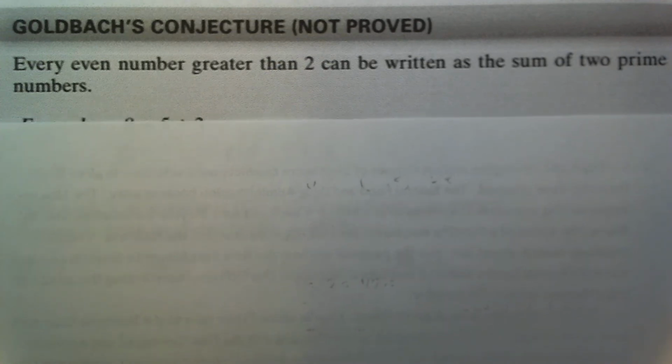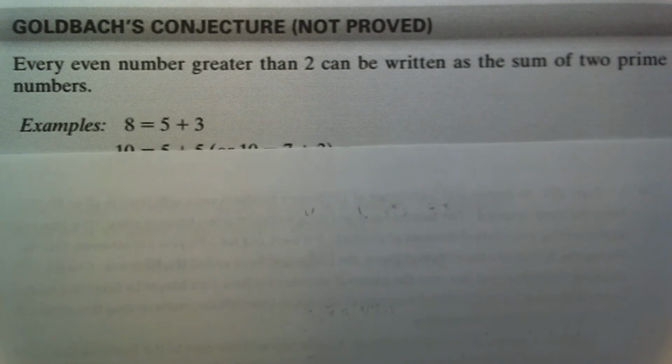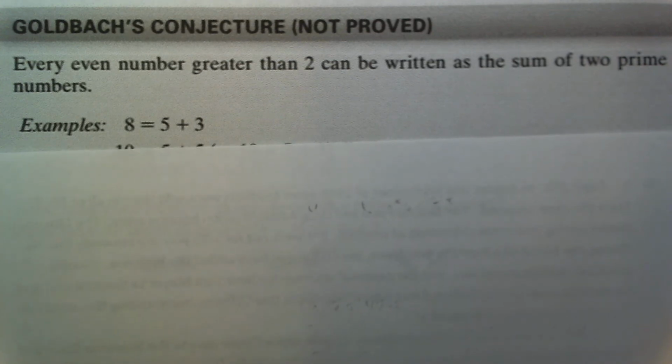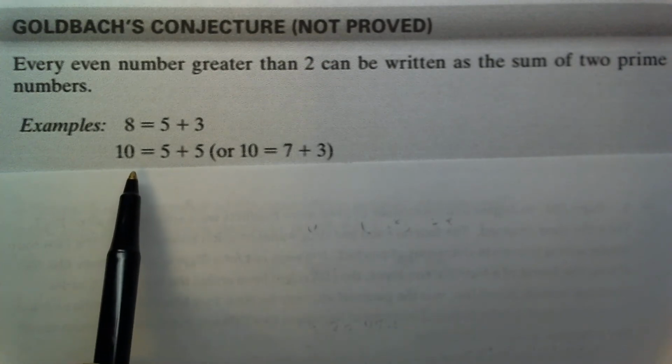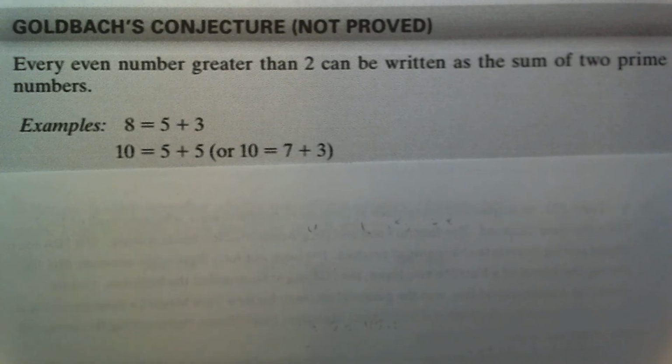A lot of work has gone into that, but the actual proof has not been developed. Here are some examples: 8 as an even number can be written as 5 plus 3. Or 10 can be written as 5 plus 5, or 7 plus 3. So in other words, it's not unique, as the example for 10 shows.